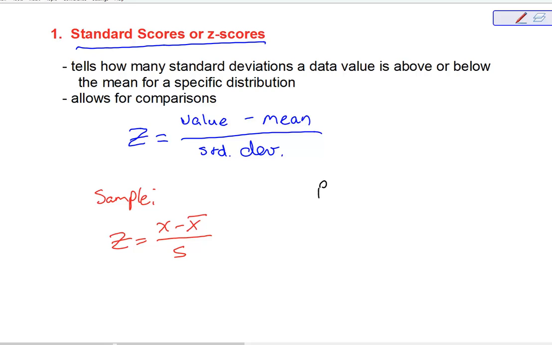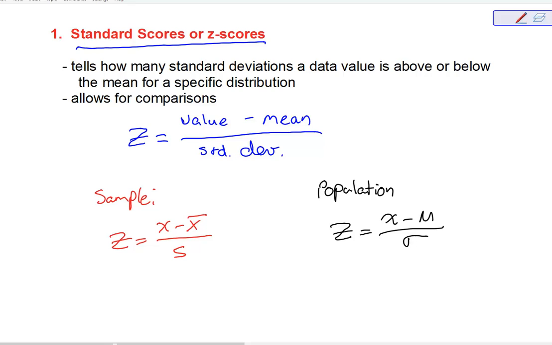Whereas when we look at population, we have z is equal to our value minus mu, which is our population mean, divided by sigma, which is our population standard deviation. We calculate them in the exact same way. It just depends on whether we are looking at the sample or the population as to what symbols we're using.